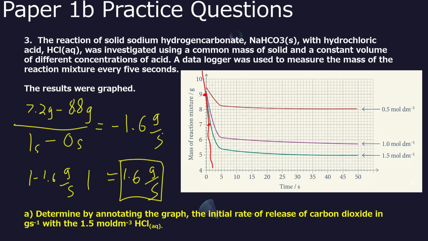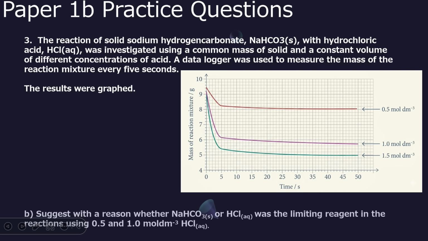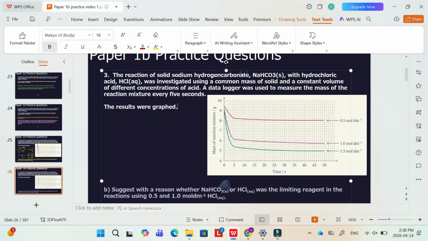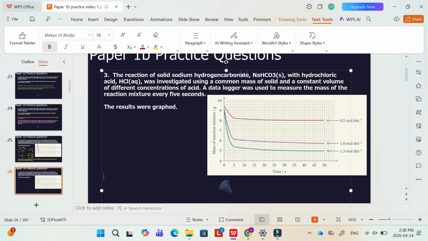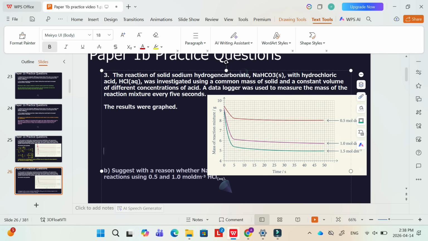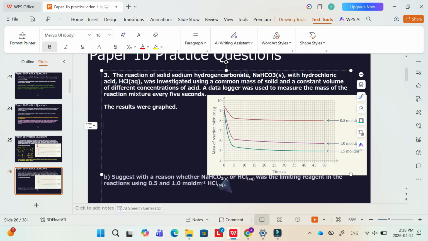Next, suggest with a reason whether NaHCO3 or HCl was the limiting reagent in the reactions using 0.5 and 1.0 mole per decimeter cubed. Okay, let's try to answer this. So this really tests whether you understand limiting reagents or not.